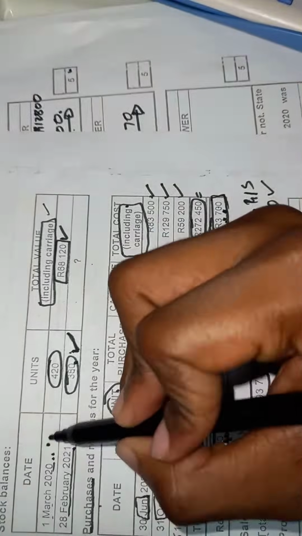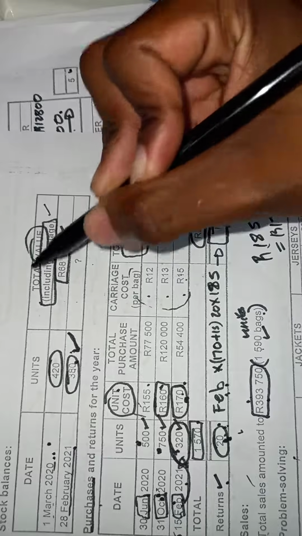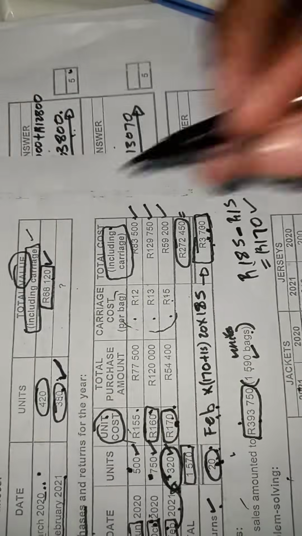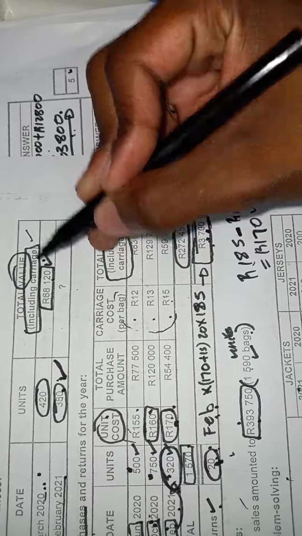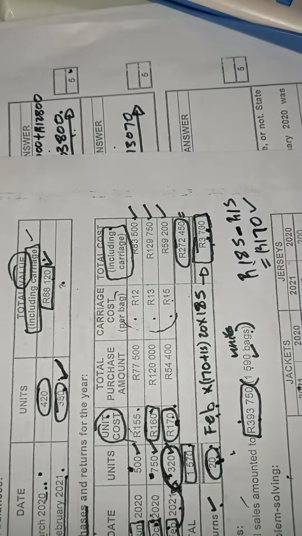Last year, 1 March 2020, the value of our opening stock was how much? 68,120. That's our opening stock, the stock for last year. Plus closing stock. They did not give us. Remember what I told you?